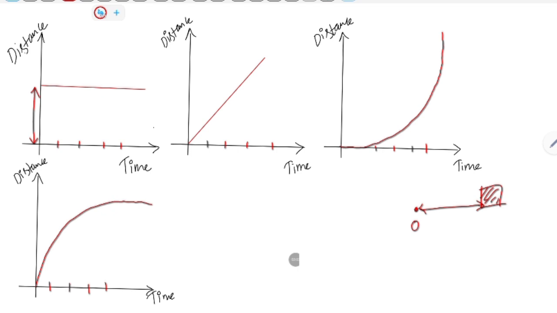Now, even though the time is changing continuously, or increasing continuously, you can observe that the graph is constant, meaning it is a graph which is parallel to the time axis, meaning the distance is constant.